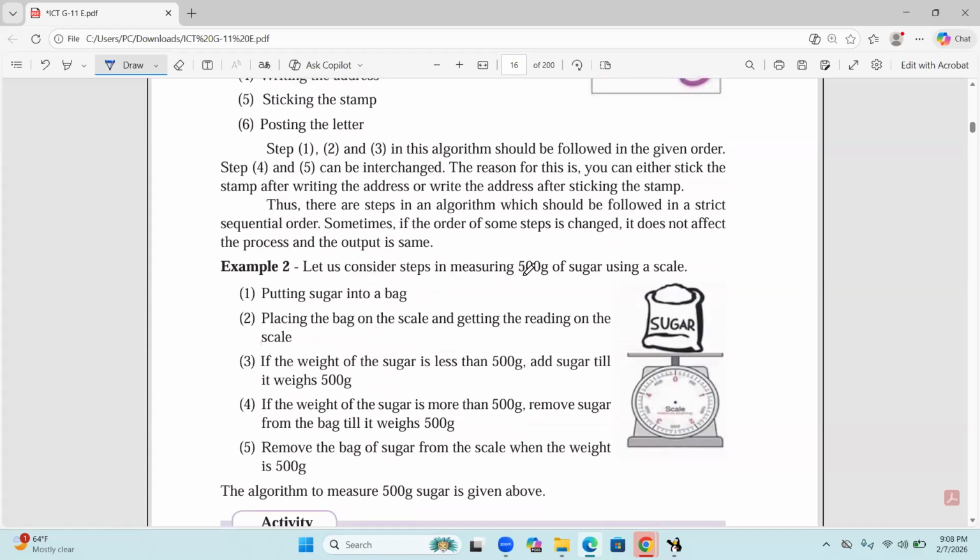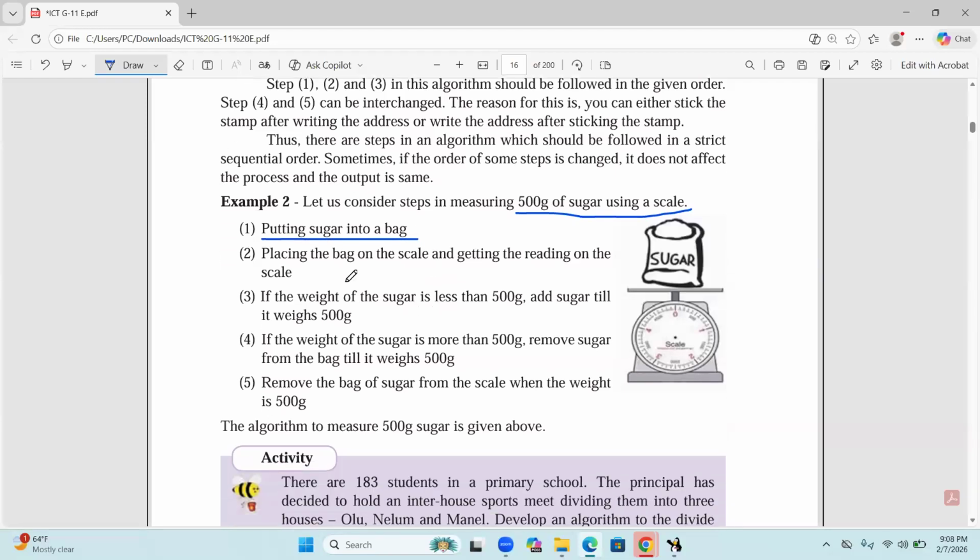One more example. Consider the steps in measuring 500 gram of sugar using a scale. Putting sugar into a bag, placing the bag on the scale, and getting the reading on the scale. If the weight of the sugar is less than 500 gram, add sugar till it weighs 500 gram.